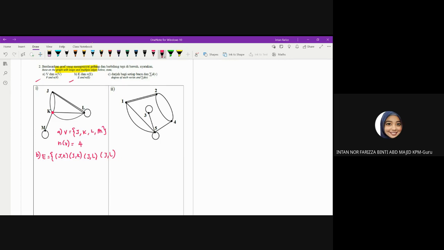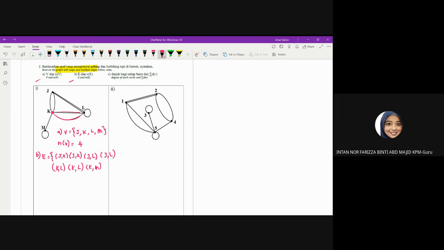I cannot go KJ because KJ is actually equal to JK. So I can write what? KL. You look here, K to L, there are 2 lines. That means this is multiple edges. So I'm going to write the elements twice. Okay, KL, KL. So next from K, where should I go? K to M. Any more destination from K or not? KL done twice, KM, okay done.